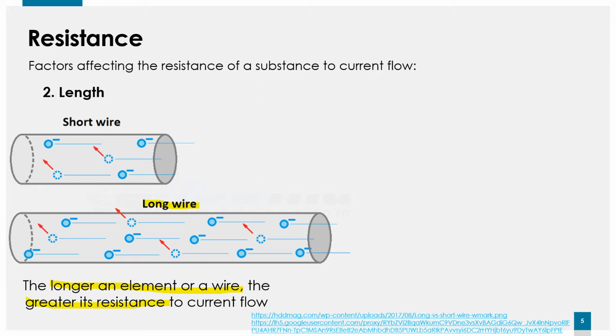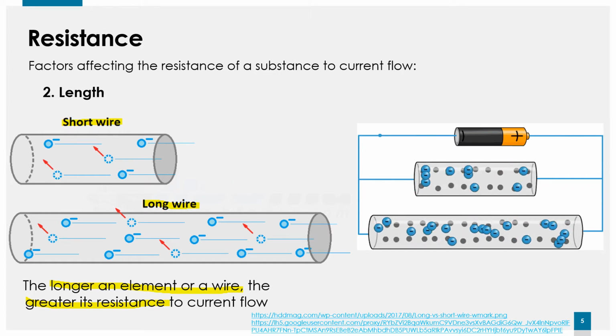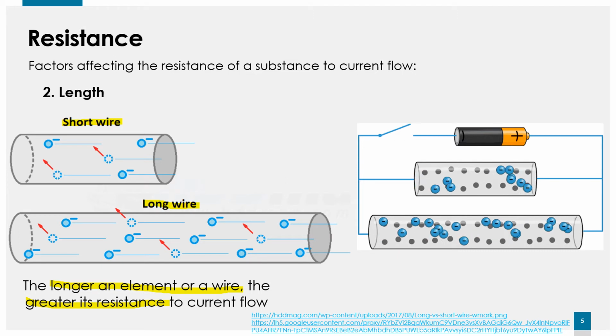So there is more space to be resistant, while the short wire has less resistance. So let's see an animation here, just for you to take a look. So look here, in the short wire, the electrons are flowing much faster. Why?